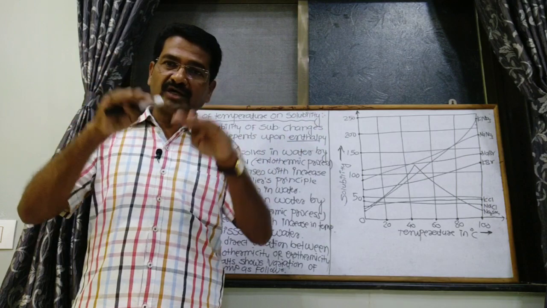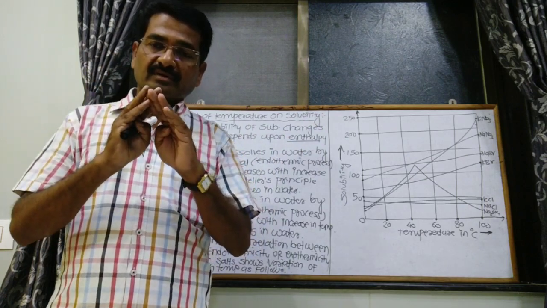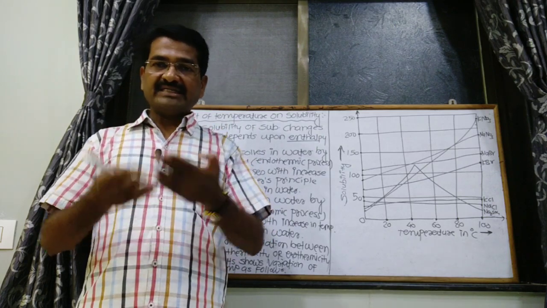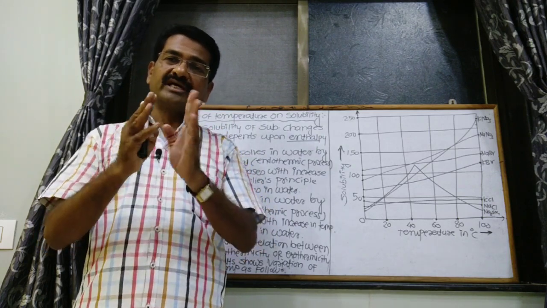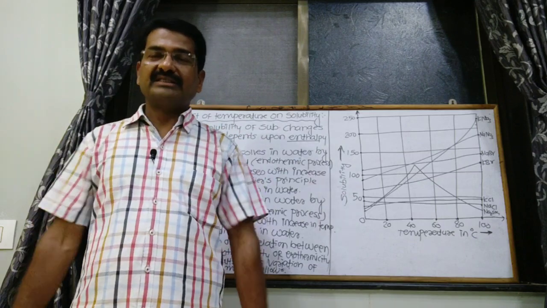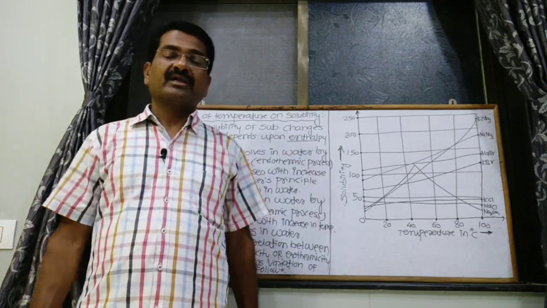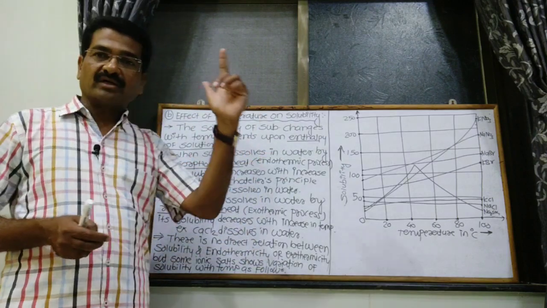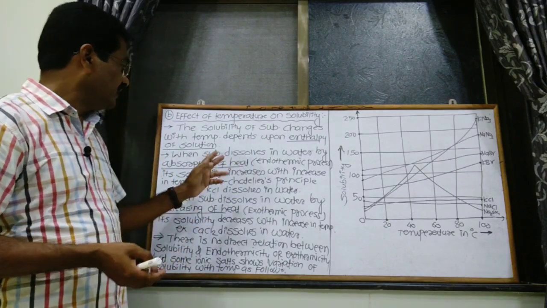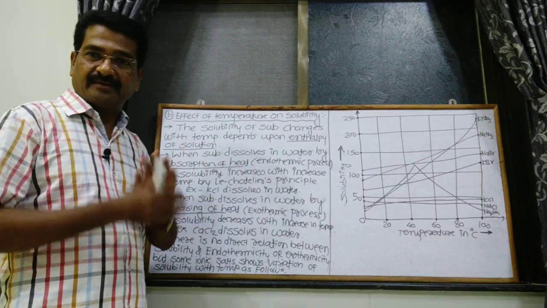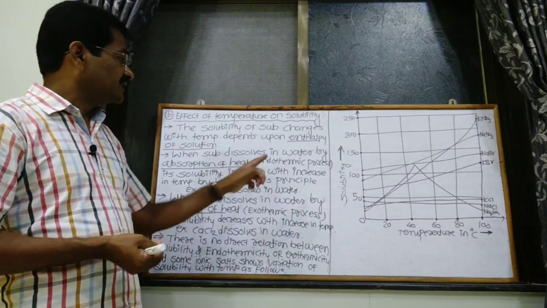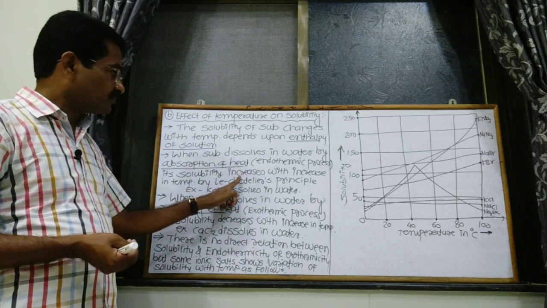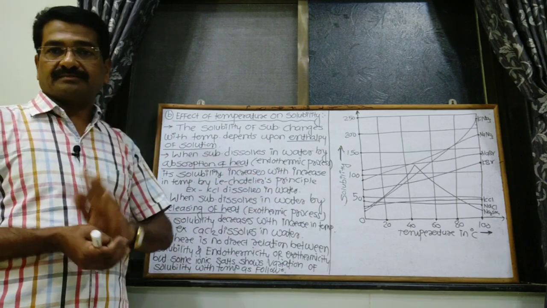Whenever a substance is dissolved in a solvent, heat is absorbed or evolved. If it is absorbed, that process is endothermic. If heat is evolved, that process is exothermic. So depending on that, first point: when a substance dissolves in water by absorption of heat, that is an endothermic process, and its solubility increases with increasing temperature.